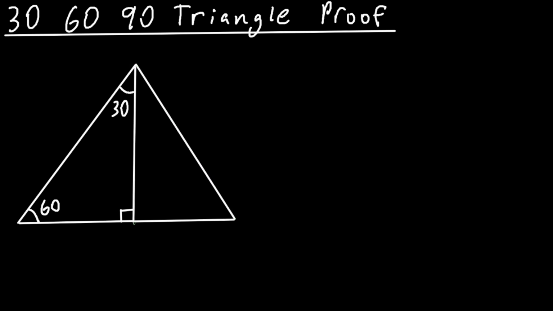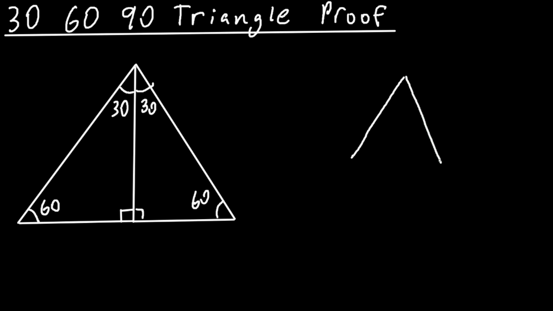This is all one line, this is all one line, and I've created a new triangle. That means this is going to be another 30-degree angle, another 60-degree angle, and also another right angle. If you look, what I have just done here is create an equilateral triangle.